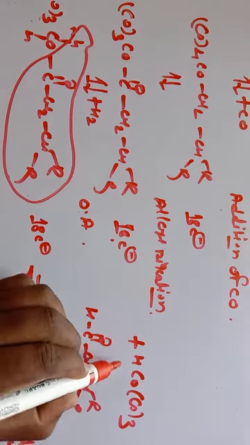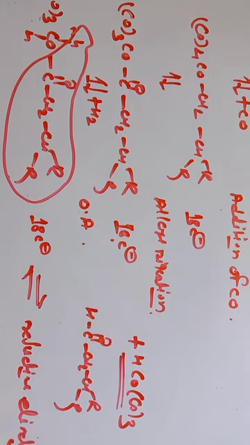So this is the conversion of alkenes into aldehyde with the help of the oxo process.